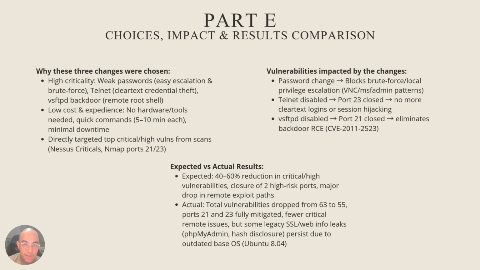For Part E, I chose these three changes because they target high-critical vulnerabilities with password-enabled easy escalation. Telnet allows credential theft in clear text, and the vsFTPd backdoor provides remote root access, while being low cost and extremely quick to implement with minimal disruption.